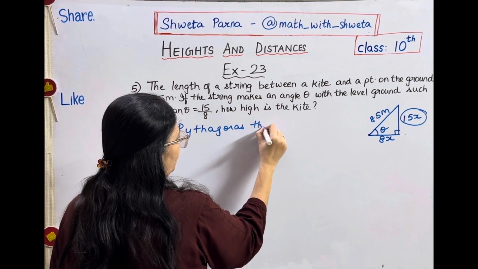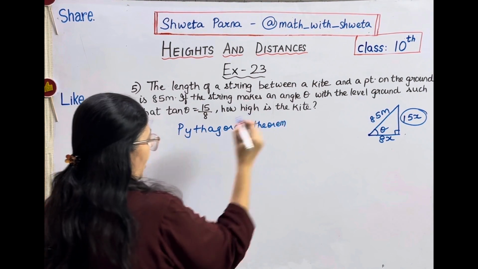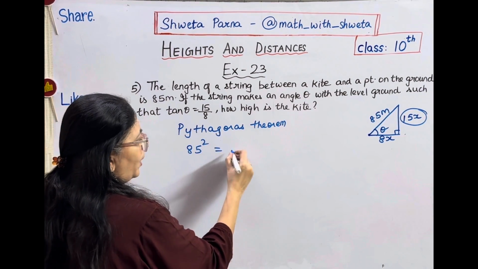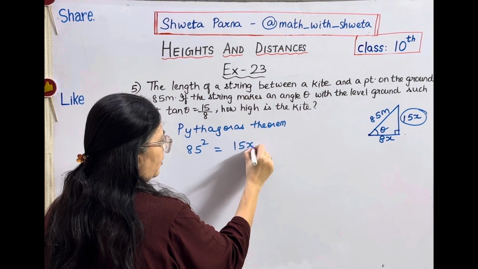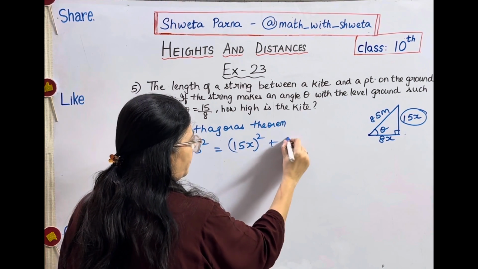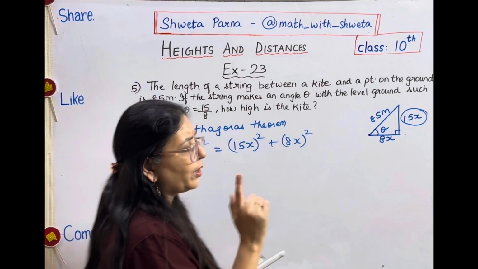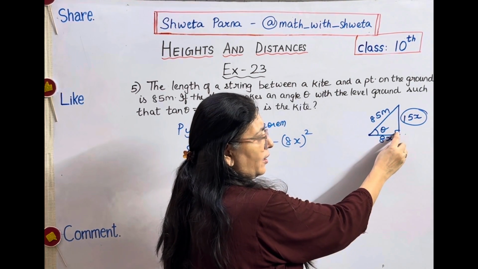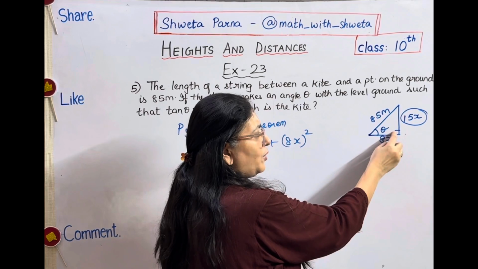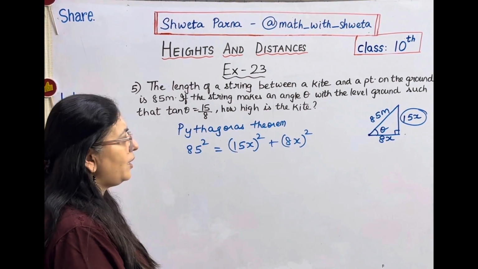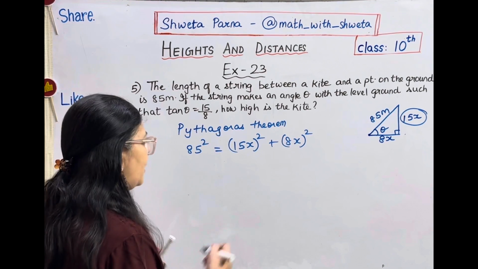So, based on Pythagoras theorem, hypotenuse square, which is 85 square, is equal to height square plus base square. Yes, we know the Pythagoras theorem. What is hypotenuse? So, this is the right angle triangle. So, a longest side which is opposite to right angle is the hypotenuse. So, hypotenuse square is equal to height square plus base square.